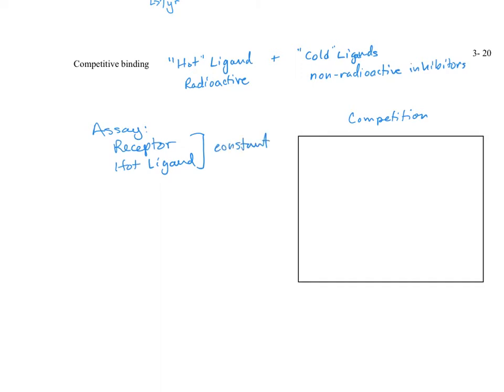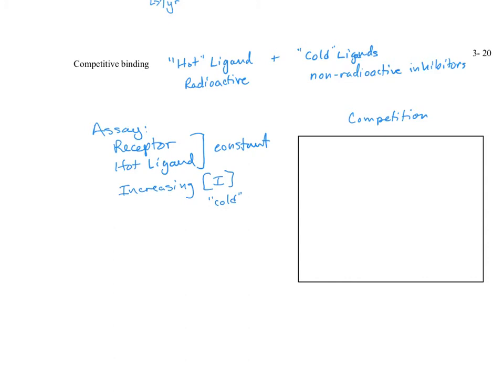You're going to usually use the hot ligand at a concentration that'll give you 90-95% saturation from the previous experiment that we did. And then you're going to add in increasing concentrations of the inhibitor, that is the cold ligand.